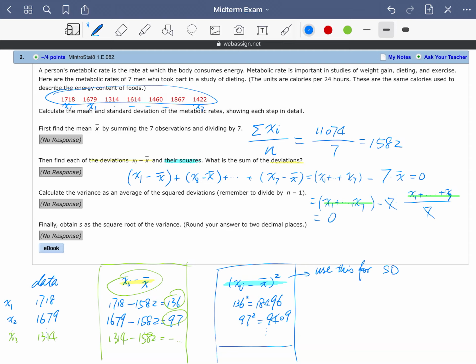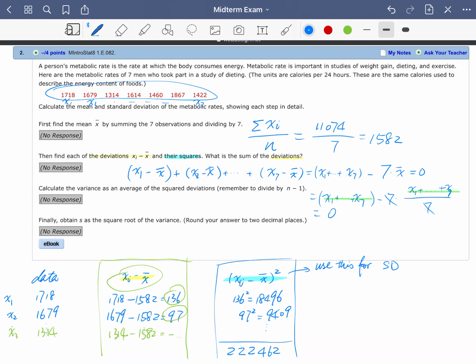When you add all those numbers together, you'll find the sum of the squared deviations is 222,462.